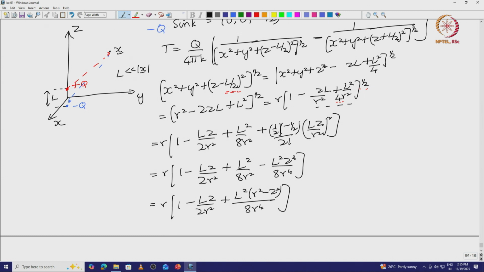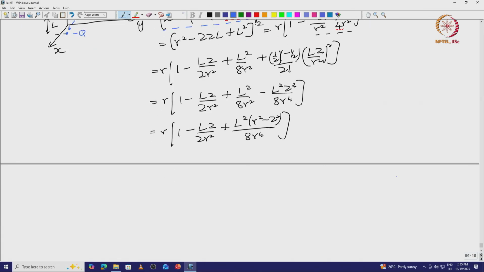So that is the expansion of (x² + y² + (z − L/2)²) to the half power. What we have is actually this in the denominator, so I have to get the expansion of the inverse of that.